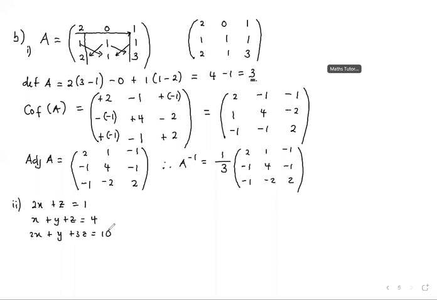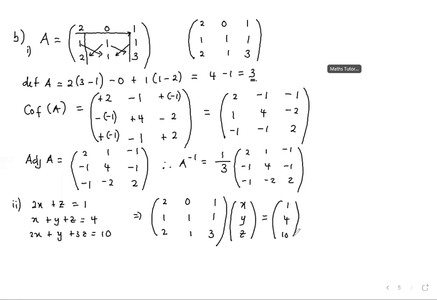So to solve this one, you first write it as a matrix of coefficients: 2, 0 for y, 1 for z, and then 1, 1, 1, then 2, 1, 3, multiplied by x, y, z is equal to 1, 4, 10. Now if you look at this matrix here, this matrix is matrix A, whose inverse we have found.